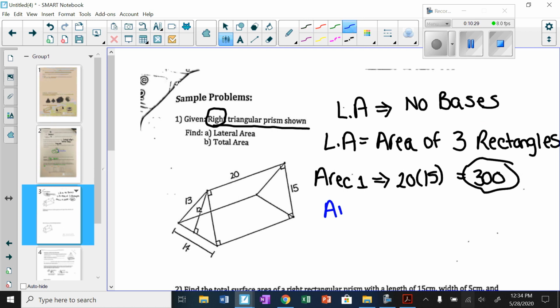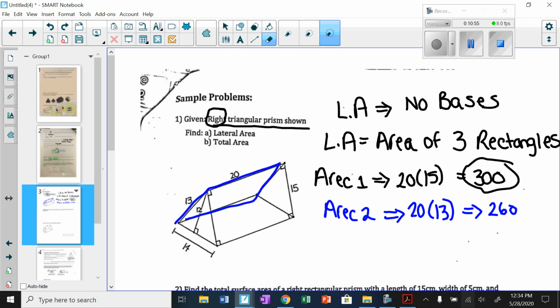Now let's find the area of the next rectangle. I will call that the back rectangle. Now these two rectangles are not congruent. Even though both their bases are 20, this height is 13. So we're going to do 20 times 13, which is 260. Now remember, we're not dismantling the figure. We're going to take this little triangular prism, turn it upside down, and paint that bottom base. We'll call it area of rectangle 3.